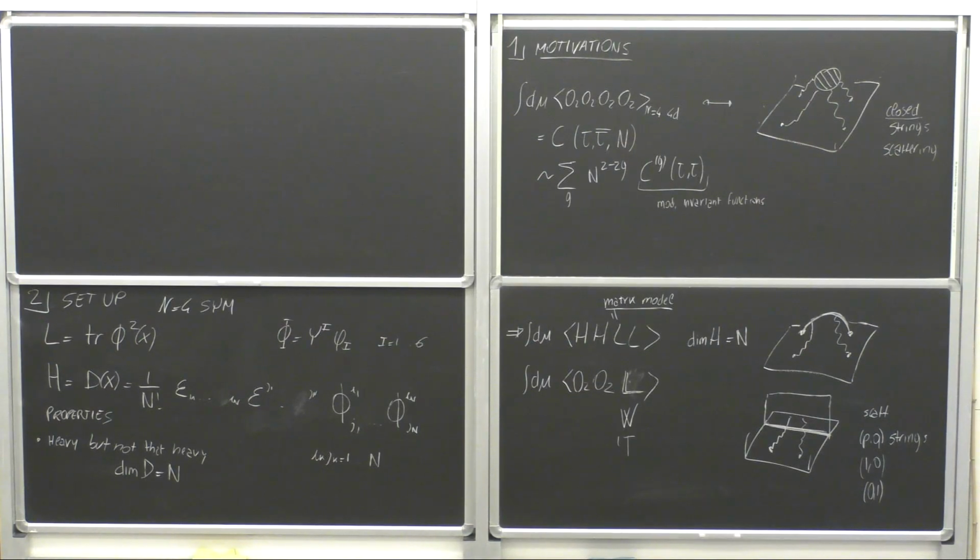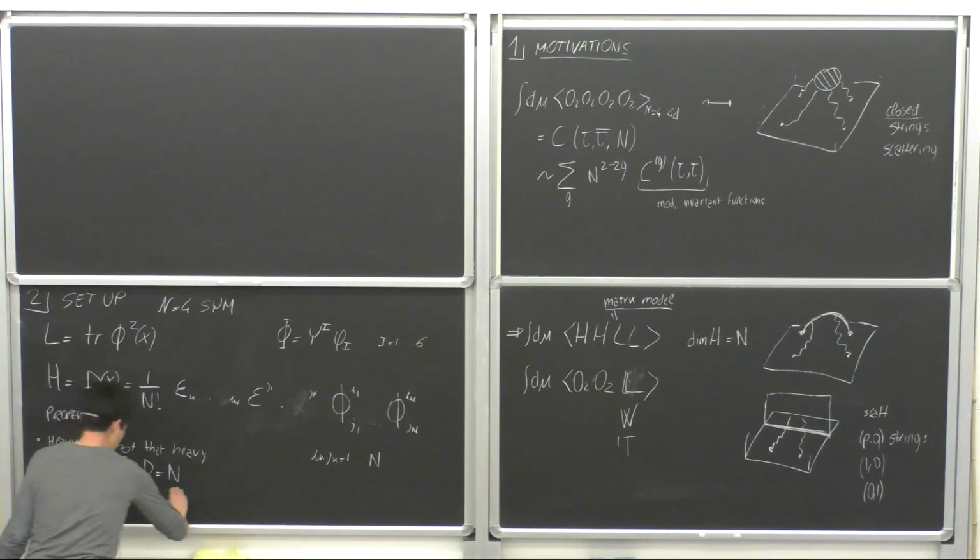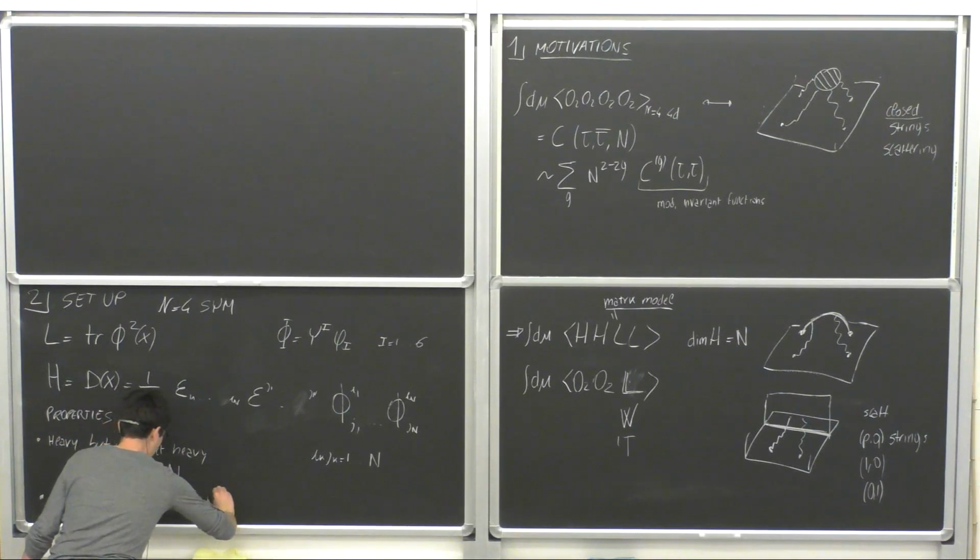Exactly. In principle, you can create states, but only out of these traces. For example, there have been approaches, papers, where this h is considered to be the trace of phi squared to the p, with p going like n squared.